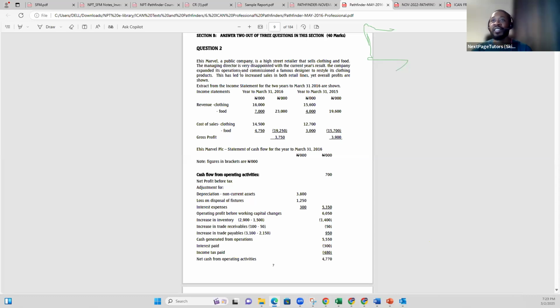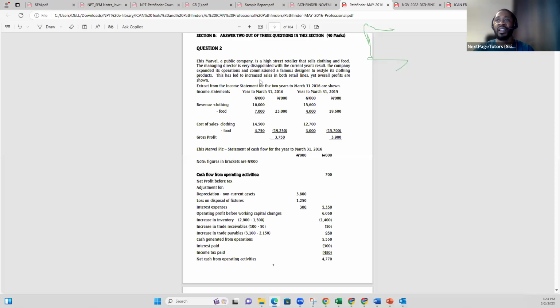Now, this question is a long one. A public company, that is Marvel, is a high street retailer that sells clothing and food. The managing director is very disappointed with the current year's result. The company expanded its operation and commissioned a famous designer to restyle its clothing product.